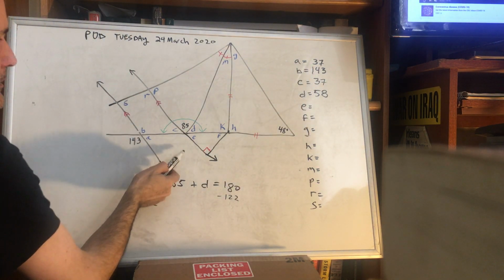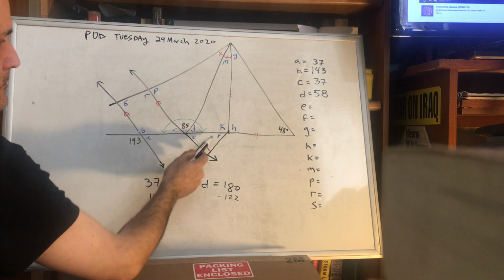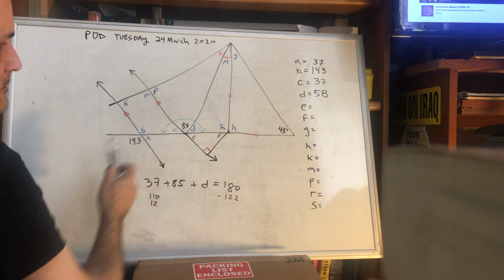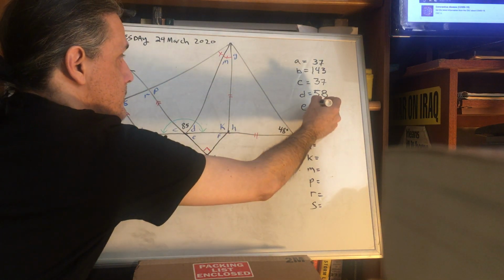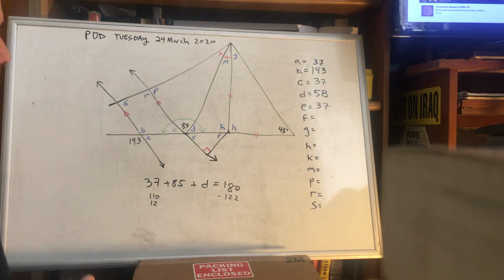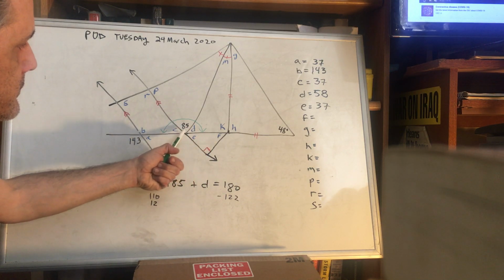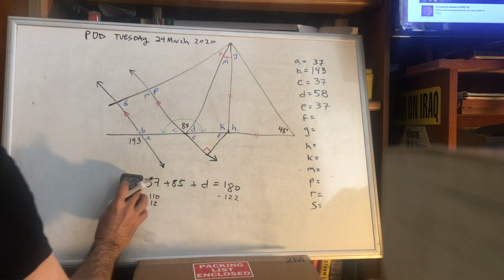Okay, how do we get E? Well, notice E and C are vertical. The two lines that make the angle intersect. C and E are vertical, so that means E and C are the same. Alright, well, so now we know E, and we know that's 90, and we have F. So interior angles of a triangle add to be 180.